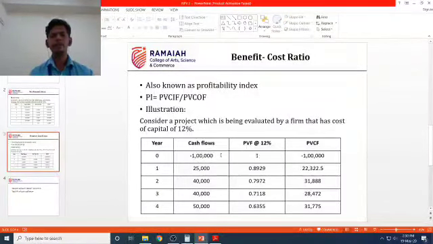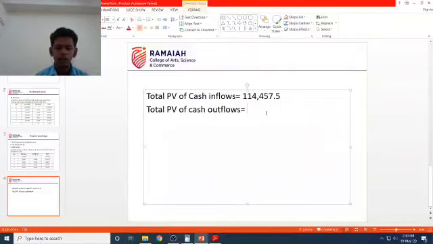The outflow remains the same because today you have invested. Today's worth will not change today itself. It might change after 1 year or 2 years, right? Today's worth, that is, you have invested 1 lakh rupees. So that will be as it is. So the present value of cash outflows will be rupees 1 lakh.